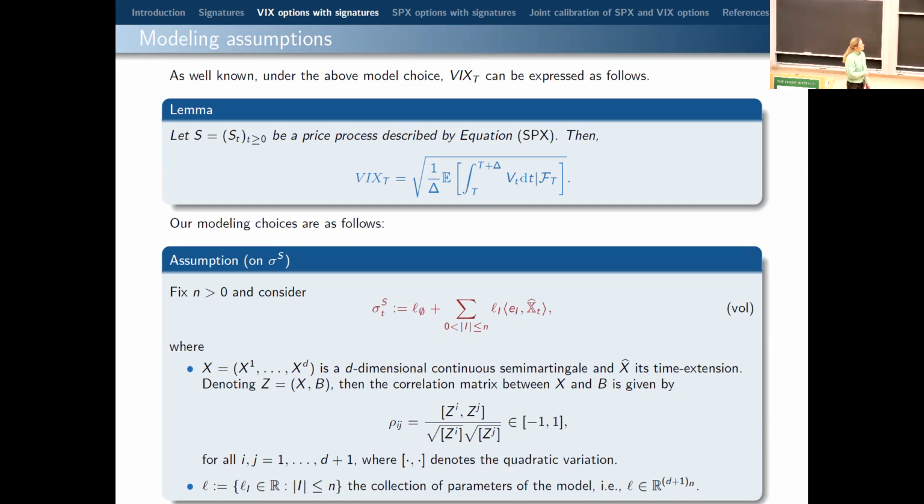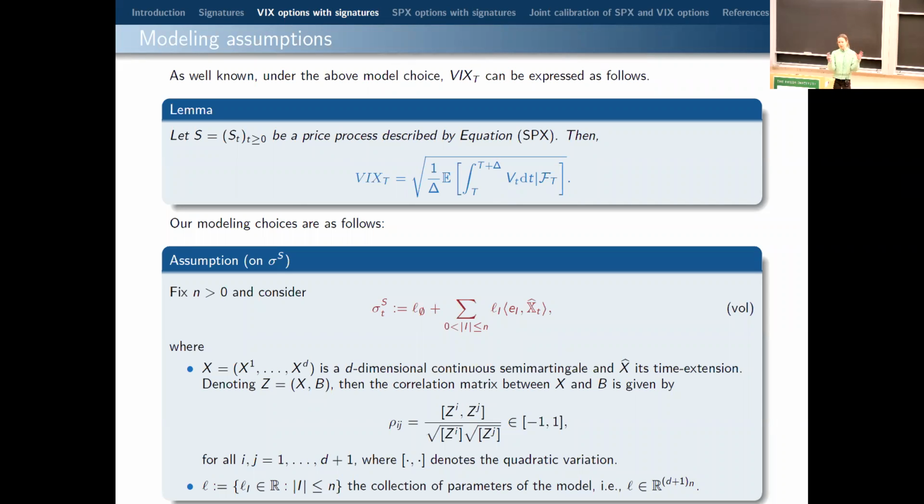So Z is X together with B, the notation for the underlying process together with the Brownian motion driving the asset price, and we have a certain correlation structure. This is given by this rho here, and the parameters of interest are these L's that appear here, and this is what we would like to calibrate.